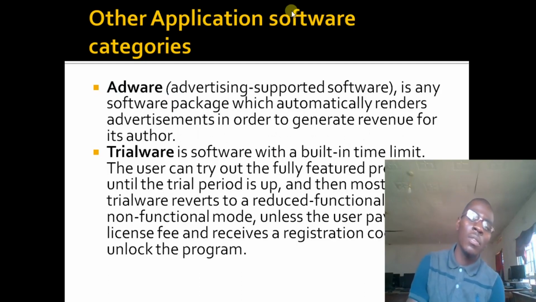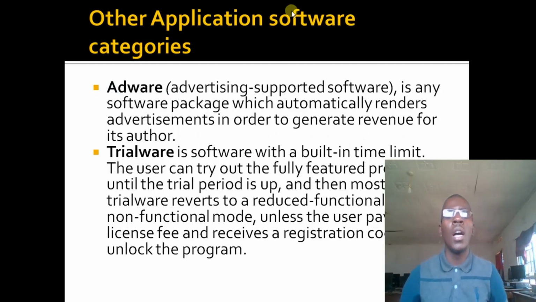Other application software categories include adware. Adware is software that you are going to find on the internet. You download it, put it on your computer or in your phone, use it for free, but it will always pop up some ads, and as it pops up those ads, the developer of that software will be getting some commission over those ads that are placed on his or her software.